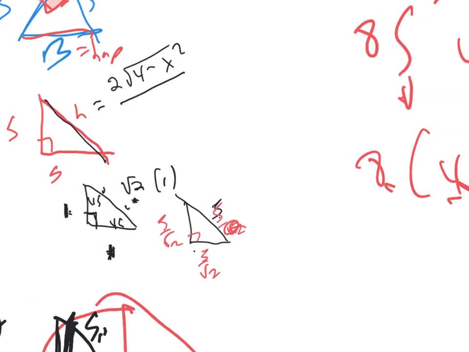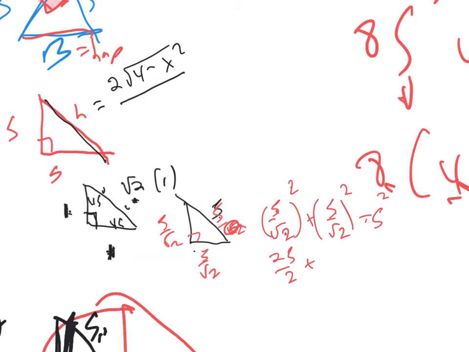I'm going to use the Pythagorean Theorem to check it. 5 over the square root of 2, squared, plus 5 over the square root of 2, squared, is supposed to be equal to 5 squared. When I square 5, that's a 25. When I square the square root of 2, that's a 2.